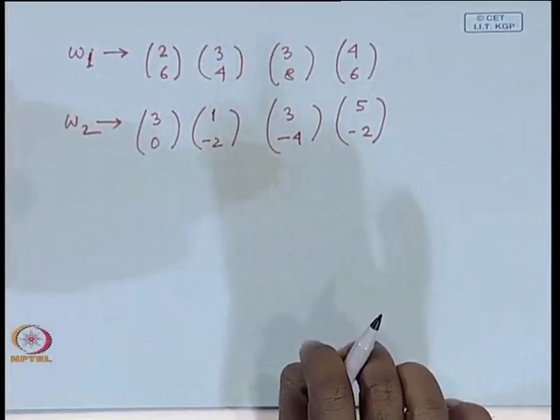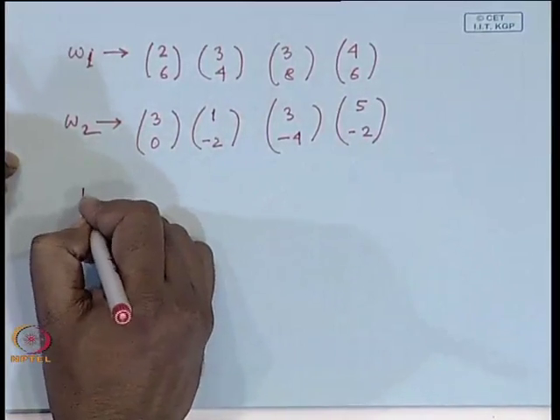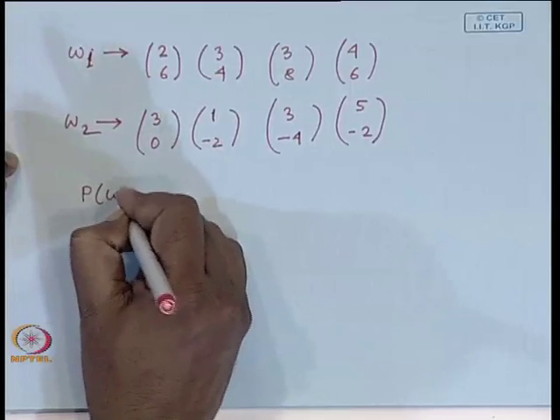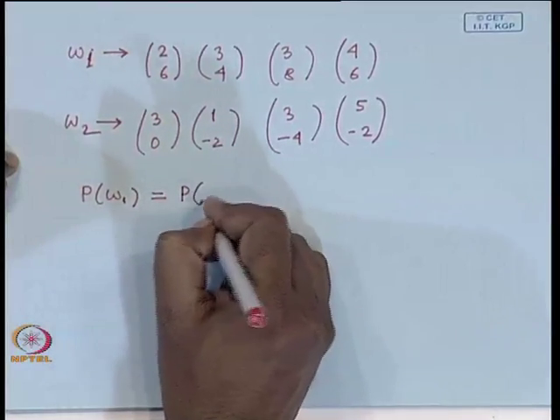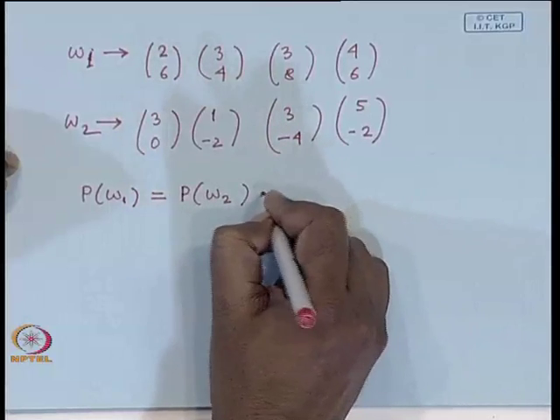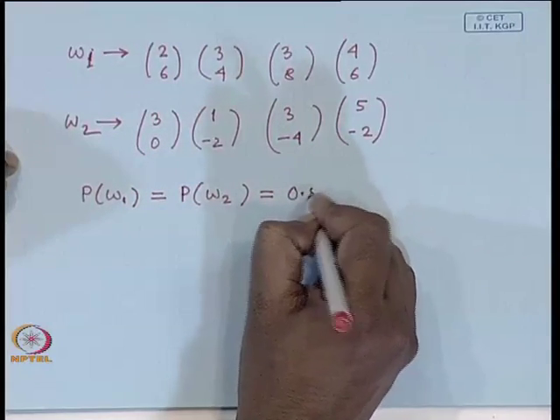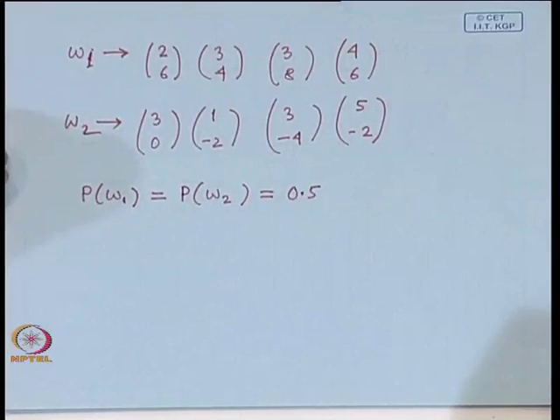And it is also said that the a priori probability P of omega 1 is equal to P of omega 2, and naturally this is equal to 0.5.